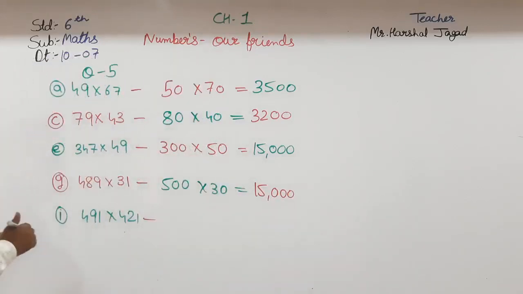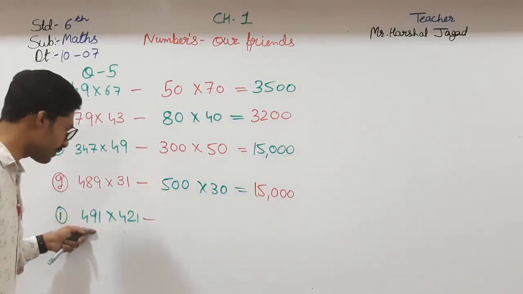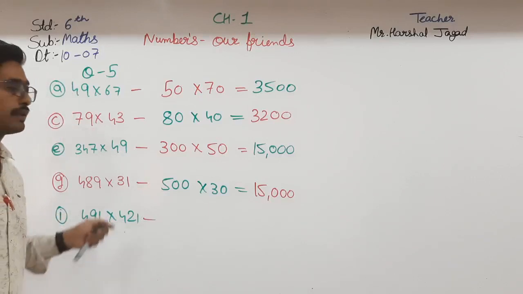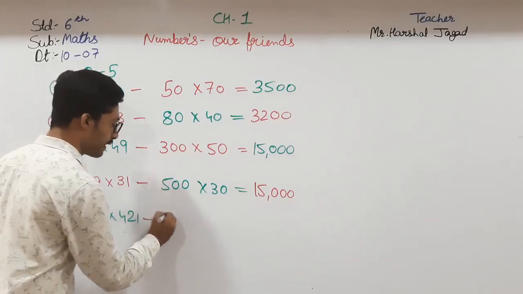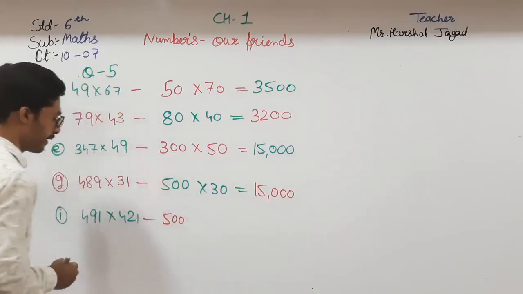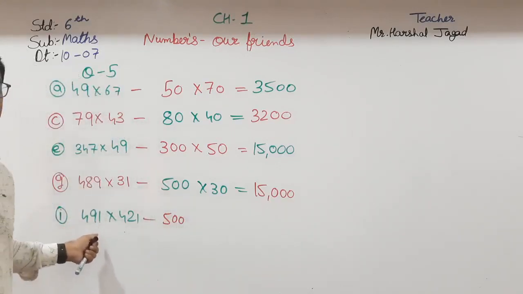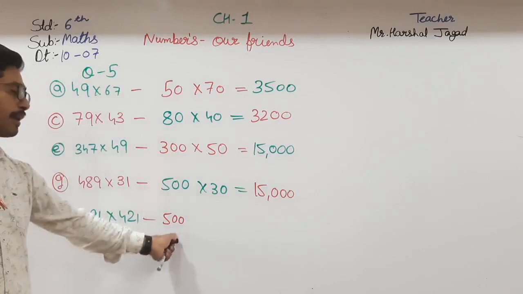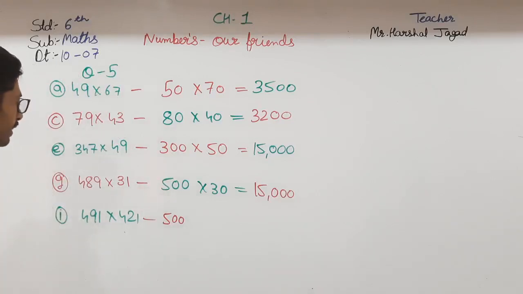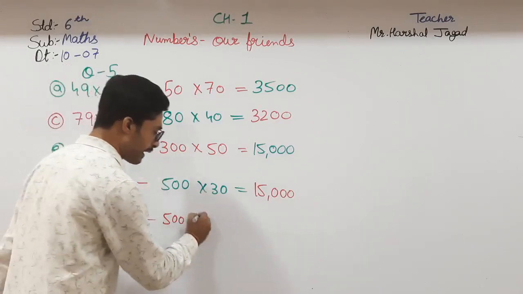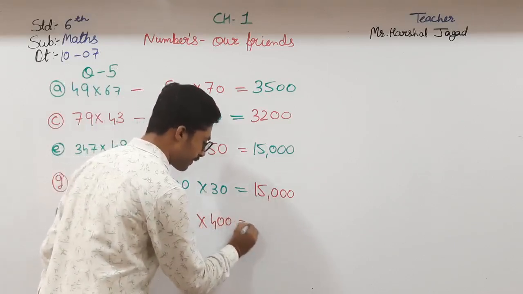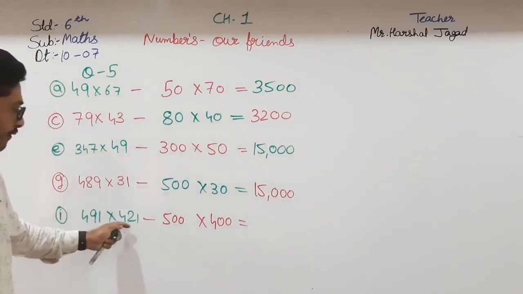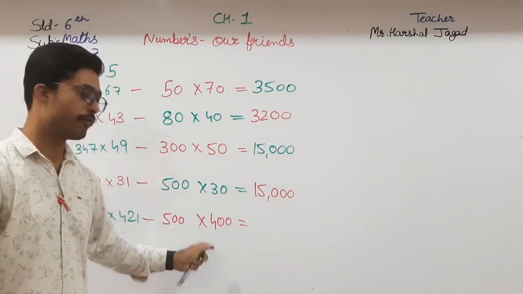Okay, now the last one, here you can see this is also 3-digit, and here is also 3-digit. So 491 can be rounded off to 500. Now 421 can be rounded off to 400.